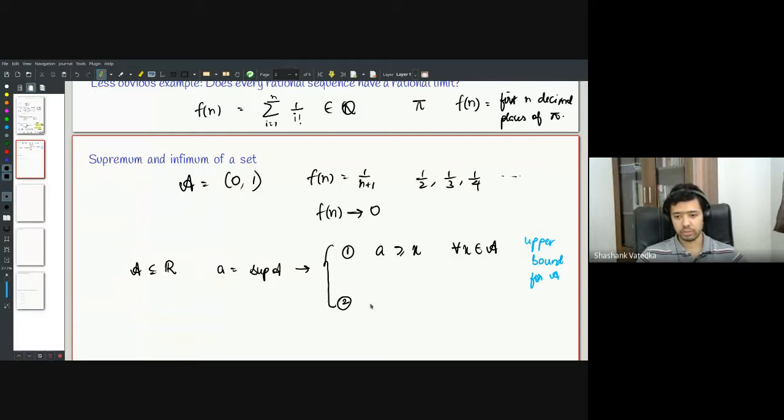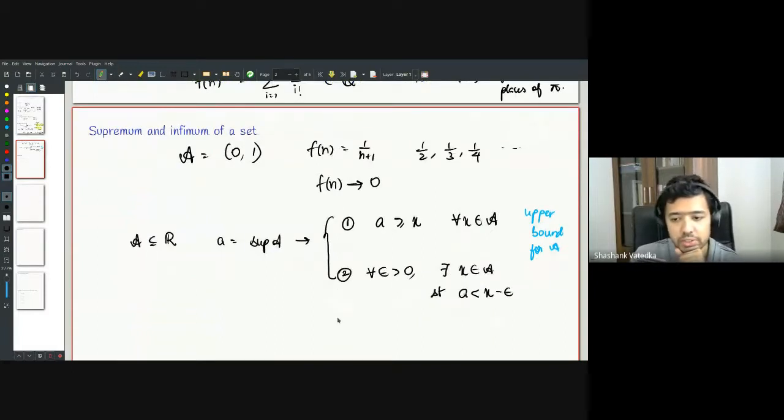So you pick any epsilon greater than 0, then you can always find some x in the set such that a is strictly less than x plus epsilon. Right? So this is a least upper bound for A.